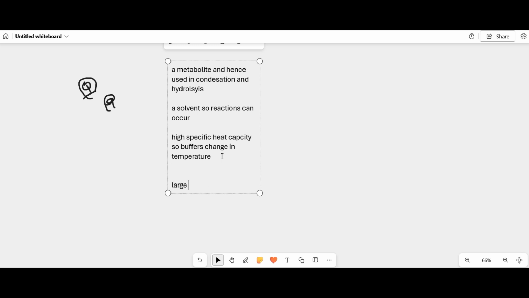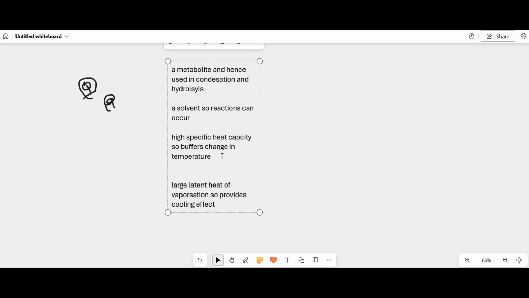Then you can say large latent heat of vaporization, which is going to provide a cooling effect. What that means is that water is not going to evaporate until it has a certain amount of heat. So it needs to store a lot of heat for that to happen.